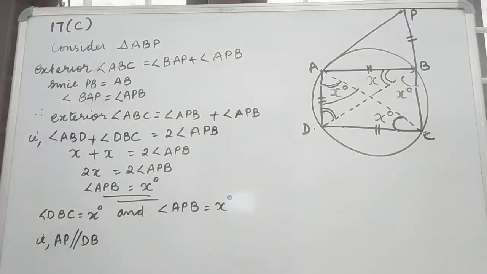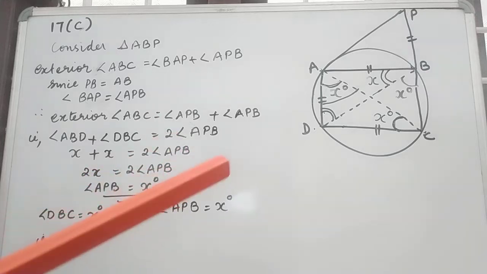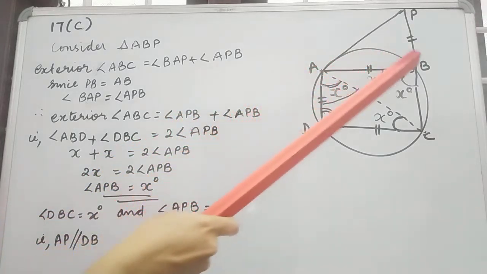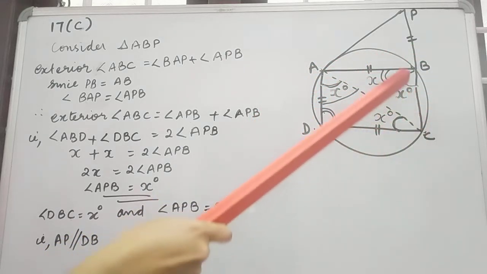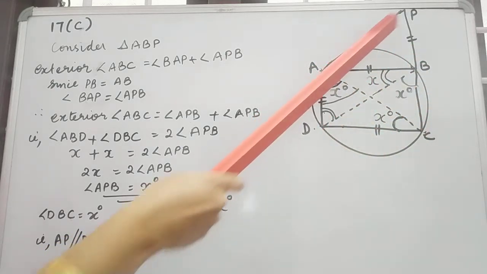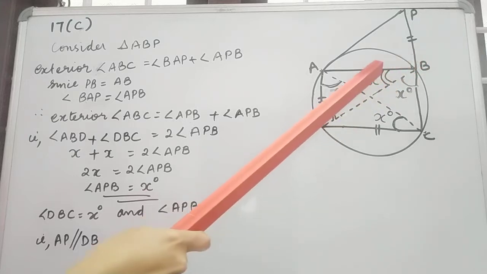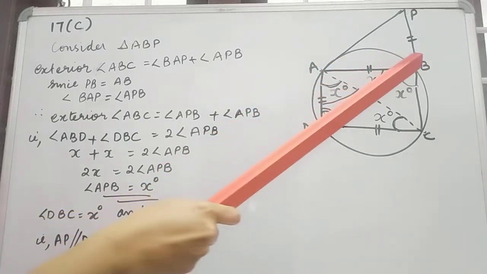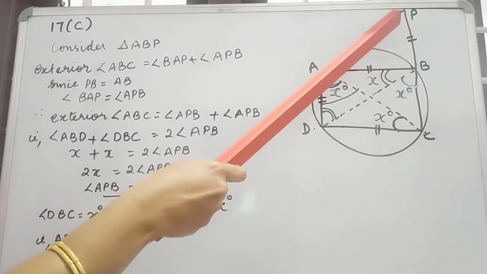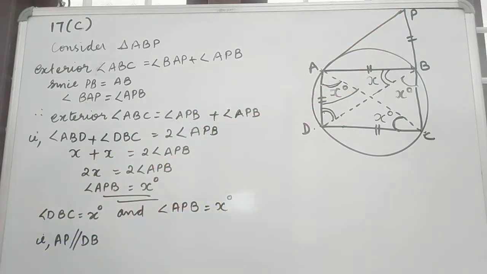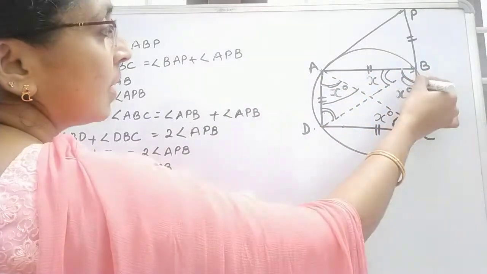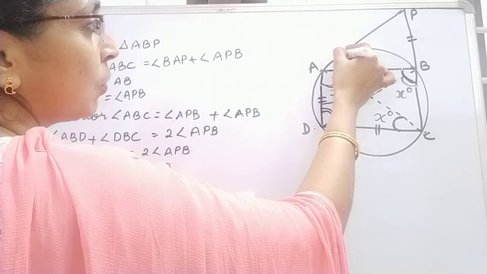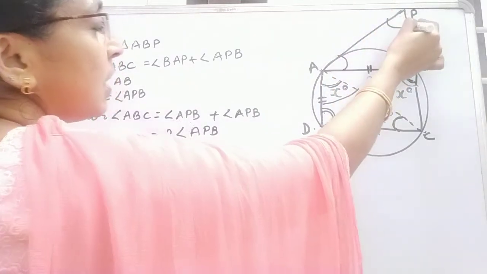Consider triangle ABP. Angle ABC will be the exterior angle if you are considering triangle APB. We know the theorem: the exterior angle is equal to the sum of the opposite interior angles.